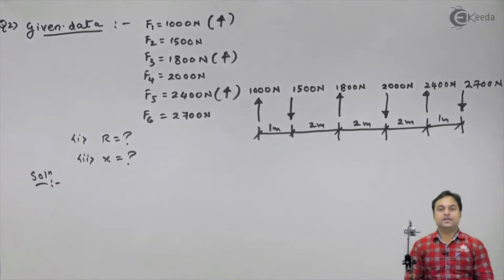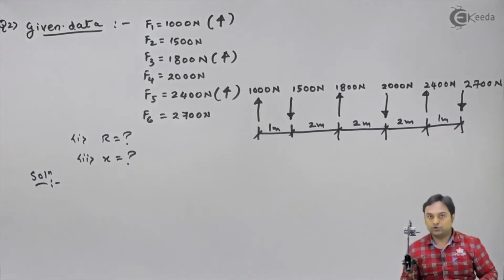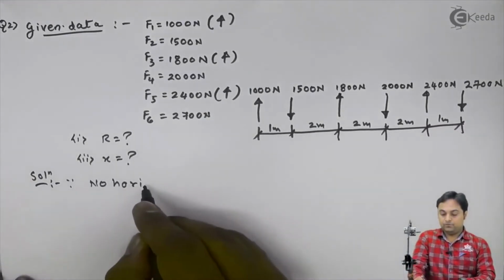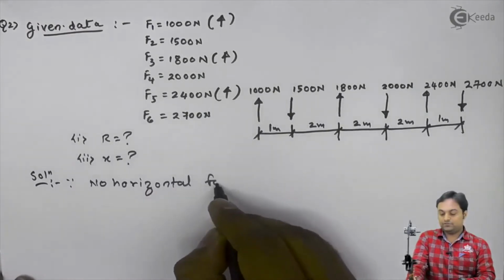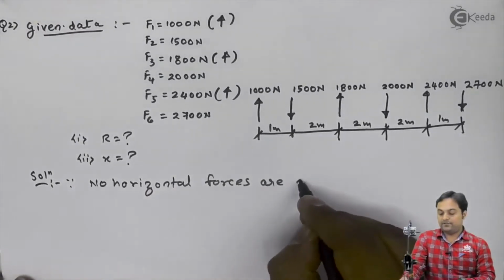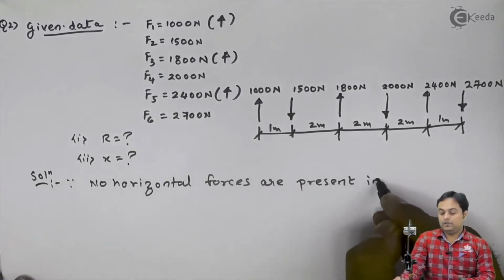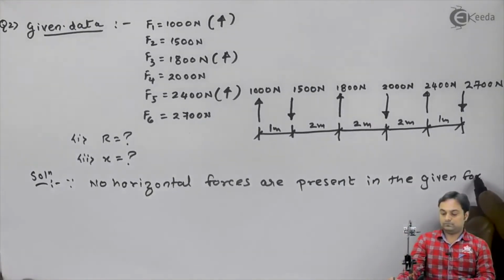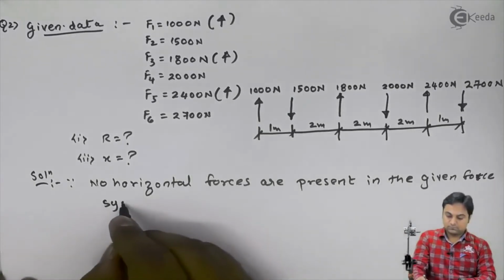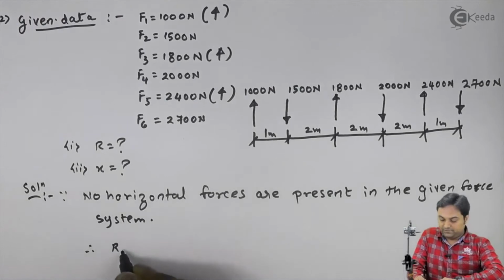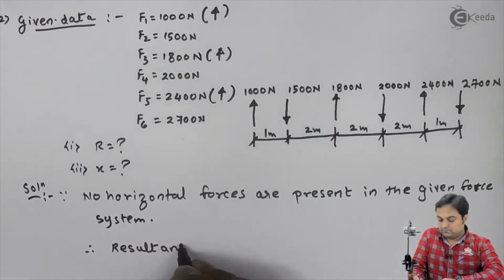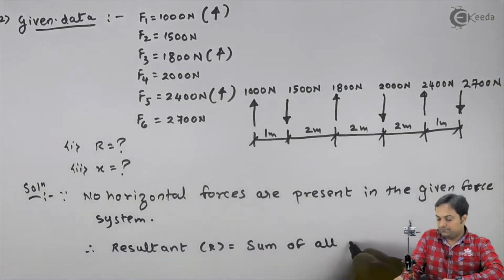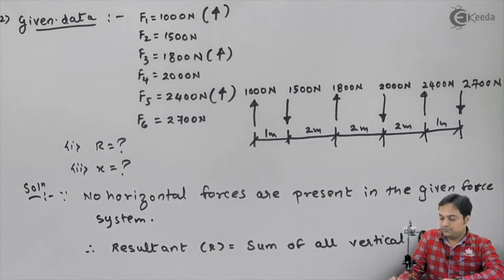Solution. Since in this figure we don't have any horizontal forces, I will write that since no horizontal forces are present in the given force system, therefore resultant capital R is equal to sum of all vertical forces.